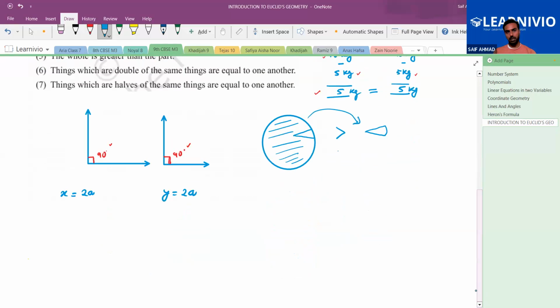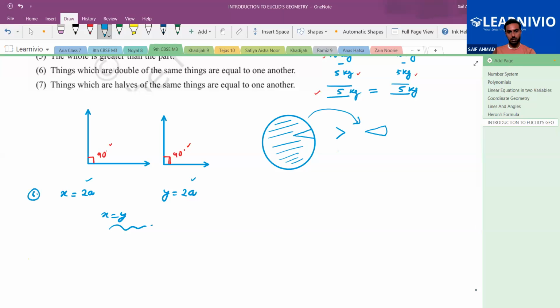These are the double of the same things. So if x is equal to 2a and y is also equal to 2a, it means x will be equal to y. Understood?